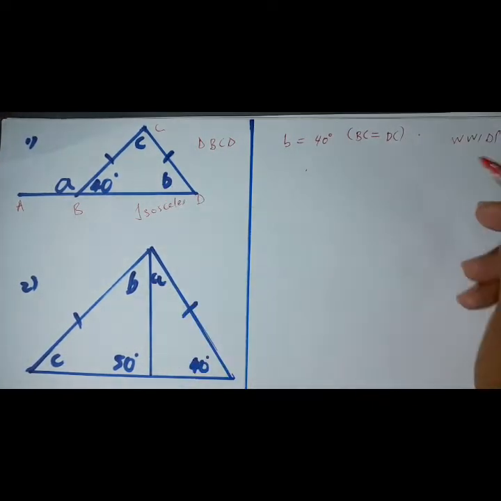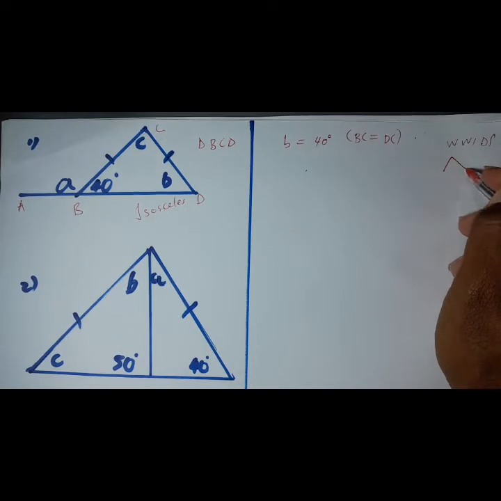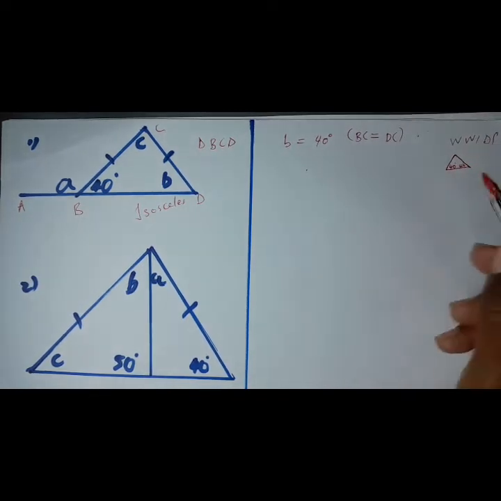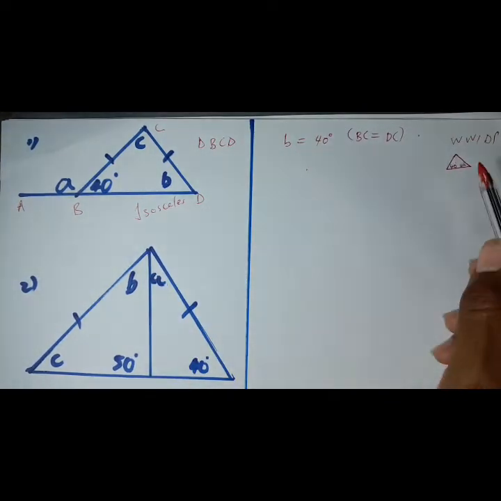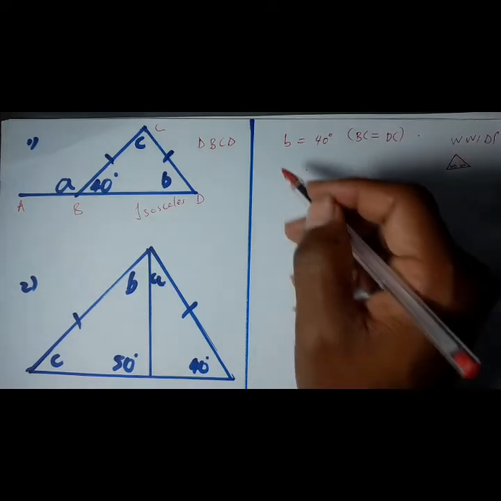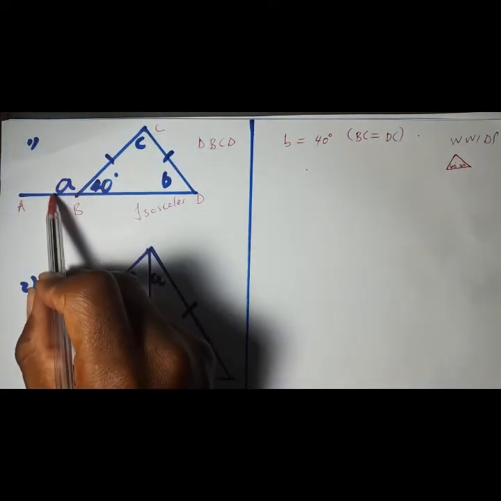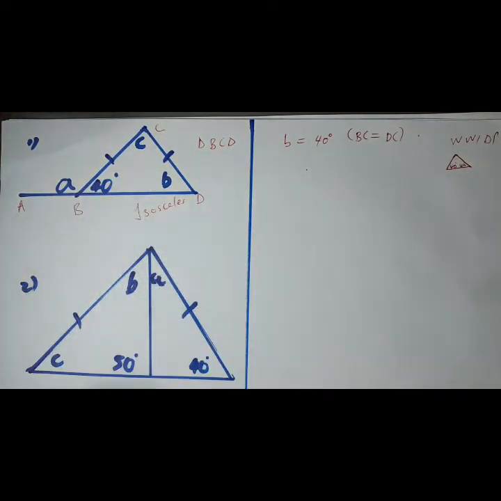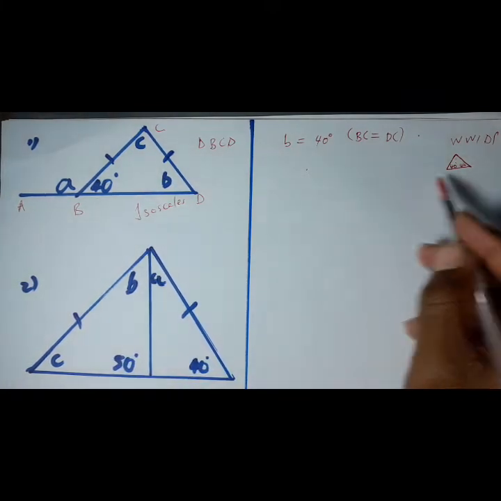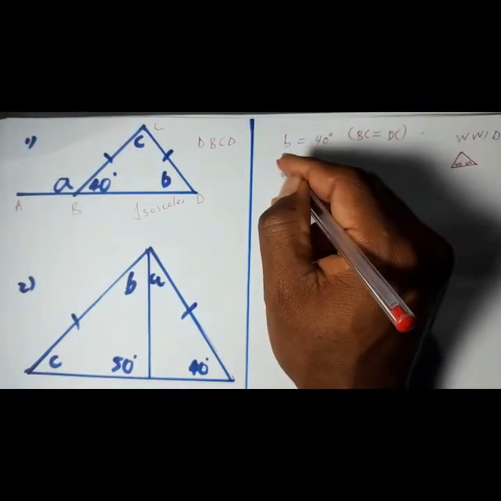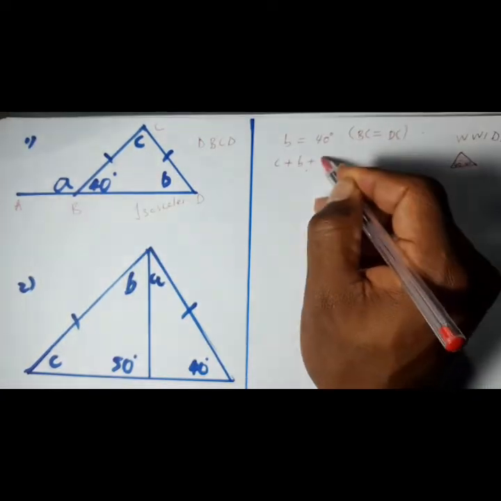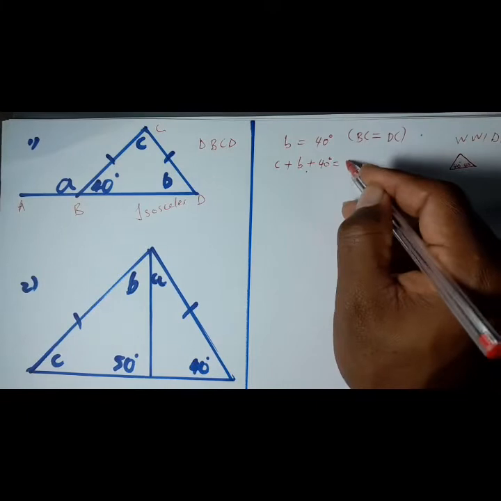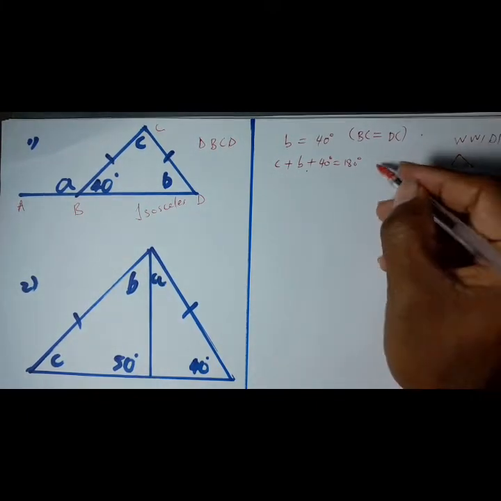Now that we have found this, our triangle now looks like this. So this is 40 and this is 40. Now we can find angle C. Actually, A we can find by the fact that this is just a straight line, so we can find it easily. So angle C plus angle B plus the 40 degrees are equal to 180 degrees.